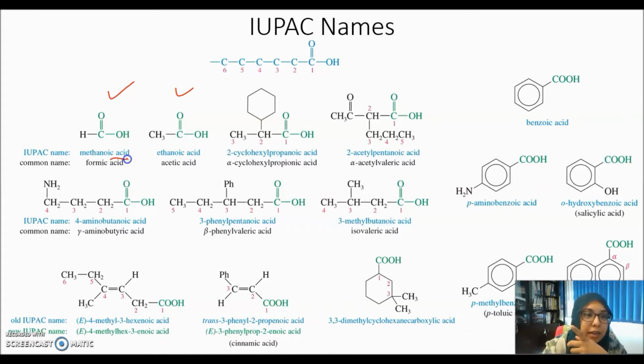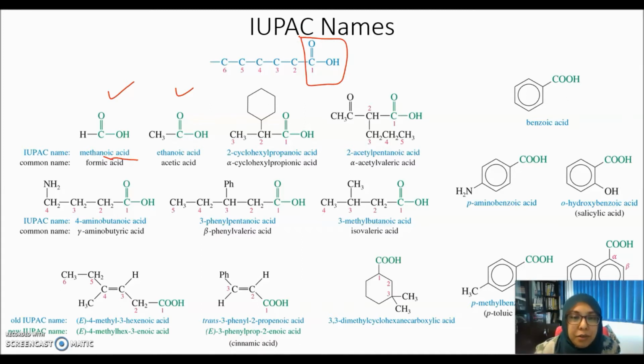You don't need to write where. With alcohol you have to write where, say butan-2-ol, butan-1-ol. In the case of carboxylic acid, it is the same as aldehyde: you don't need to put in the numbers, because it always has to be at carbon 1.